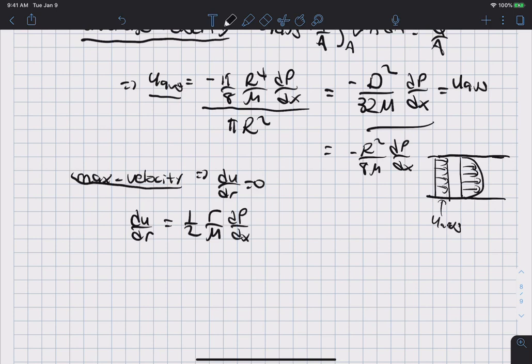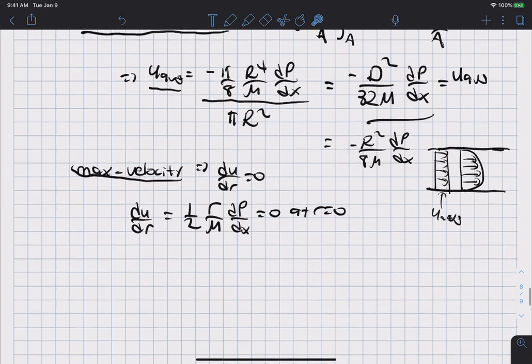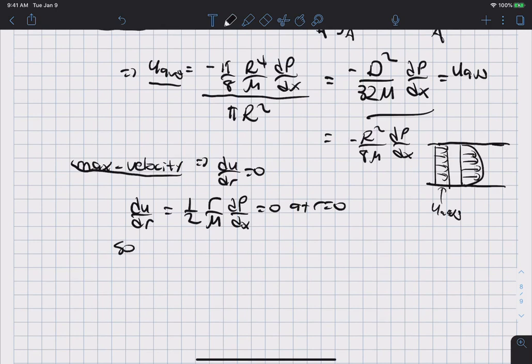and the max velocity occurs where the slope is, of course, 0, and this is equal to 0 at r equals 0. Okay, because dp/dx is non-zero. So Umax equals u at the center line, or u at small r equals 0.